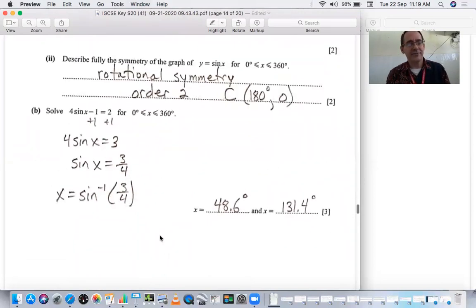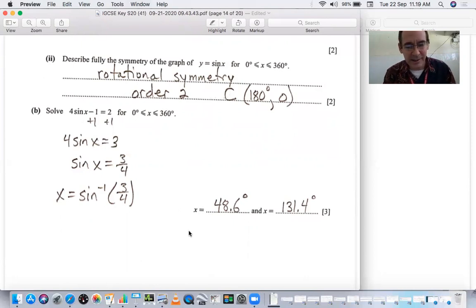Now we want to solve this trigonometric equation. Remember that trigonometric equations follow algebraic rules up until the point of where you do the trig function. So we add 1 to both sides to get 3, divide by 4 to get 3/4. Now we do the inverse sine of 3/4.